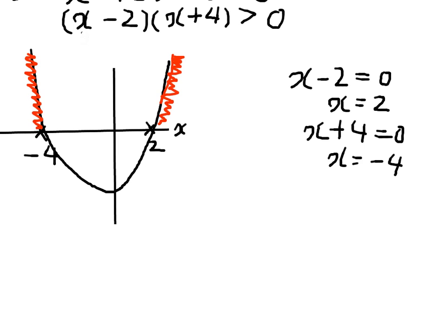They're the y values. So x value that will give such y value would be over this side and on this side. So my final answer would be x is greater than 2 or x is less than minus 4.